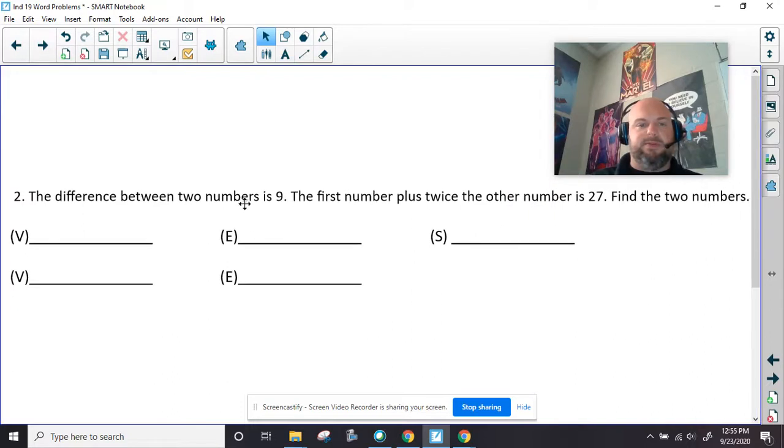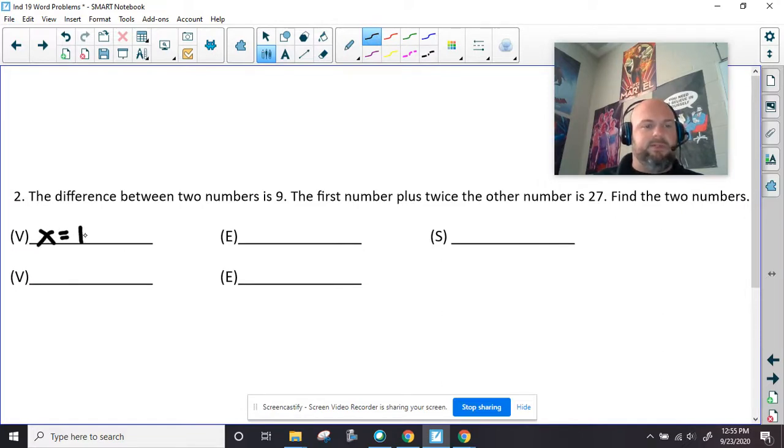The difference between two numbers is 9. The first number plus twice the second number is 27. Find the two numbers. All right. Make sure you read it right. Sometimes you got to read these a couple times. So we're going to say x equals the first number. Y equals the second number. Okay. The difference is 9. So x minus y equals 9.